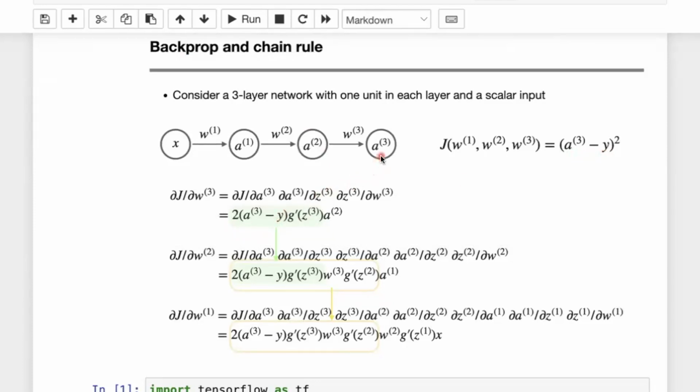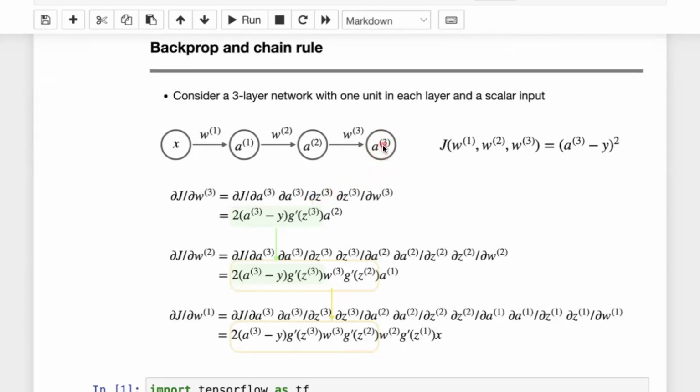But then if you want to find the partial derivative of the loss function, let's say with respect to w3, because we want to know how to update this, then we can start from the very end of the network and find the partial derivative of the loss function with respect to a3, and then a3 with respect to z3. We don't really show here z3, but remember, each neuron performs two operations, a linear combination and then the nonlinear activation function.